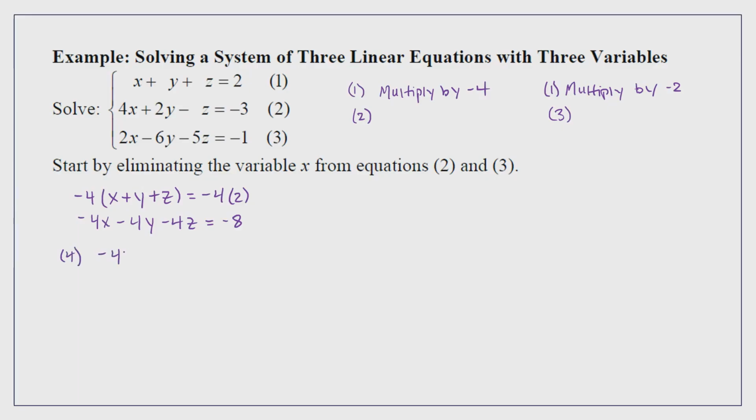So I have -4x minus 4y minus 4z equals -8. And I'm going to add it to equation 2. So 4x plus 2y minus z equals -3. And that's going to give me the equation -2y minus 5z equals -11. Okay.